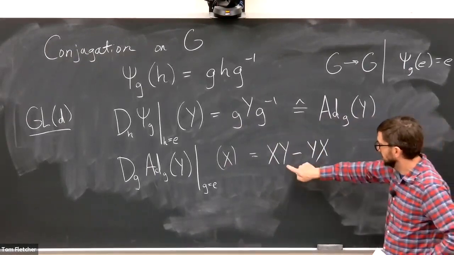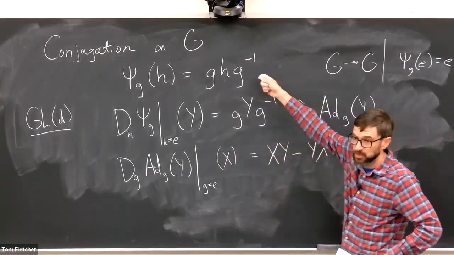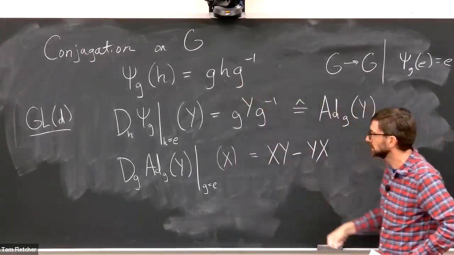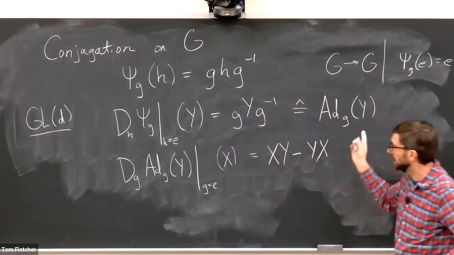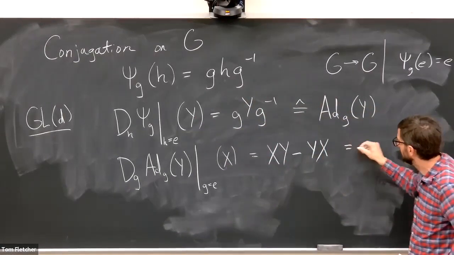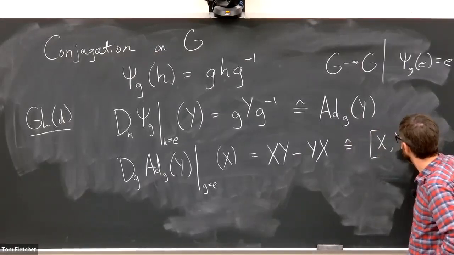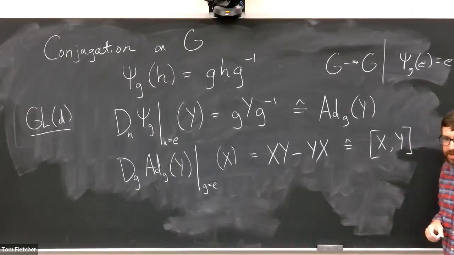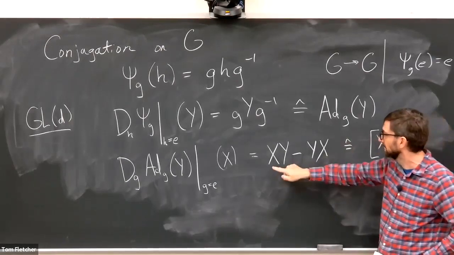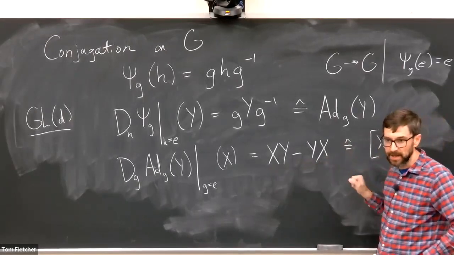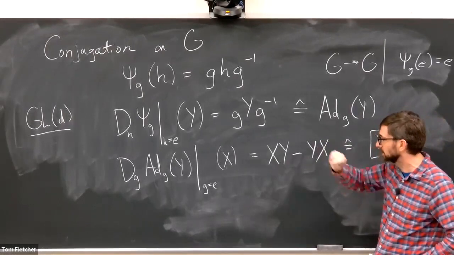The point is that this final answer, the derivative of conjugation with respect to H and then with respect to G, with specific tangent vector perturbations Y and X for A and B respectively, is what we define to be the Lie bracket operation. So the Lie bracket in matrix groups in general is XY minus YX for two tangent vectors, two matrices, which are tangent vectors in the Lie algebra.